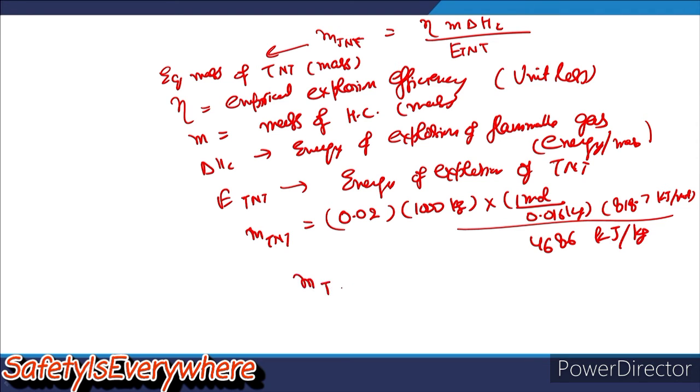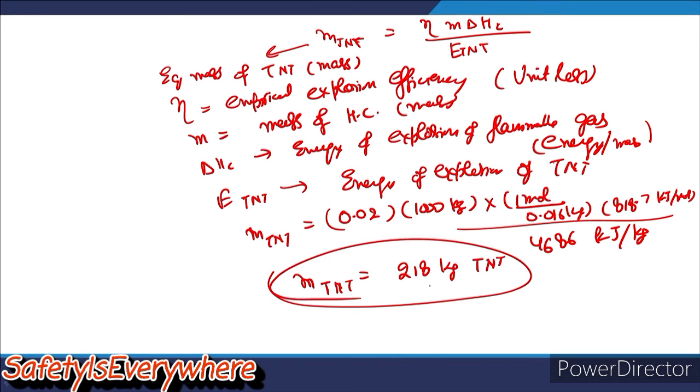So the mass of TNT is coming out to be 218 kilogram of TNT, and that is the desired result which we needed to calculate.